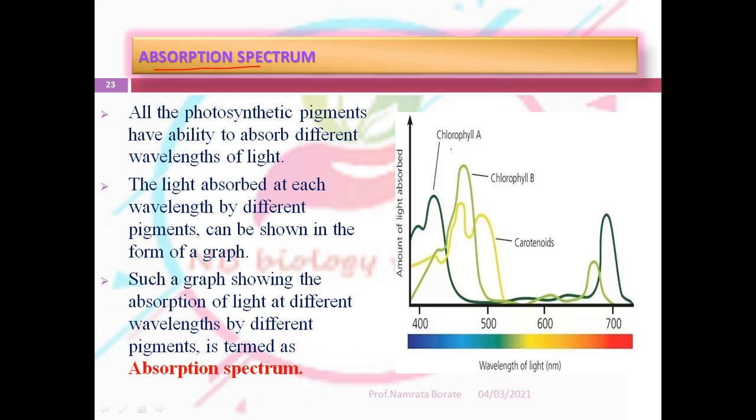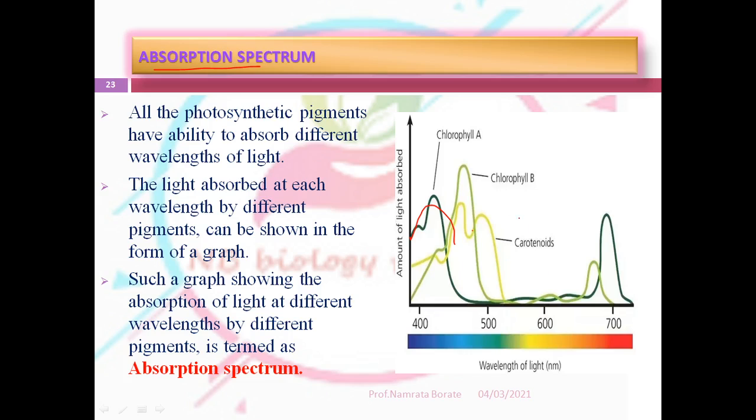The amount of light absorbed at each wavelength can be shown in the form of a graph. So this one is the graph. It shows different curves, there are three curves. Such a curve which shows the amount of light absorbed at each wavelength is termed the absorption spectrum.